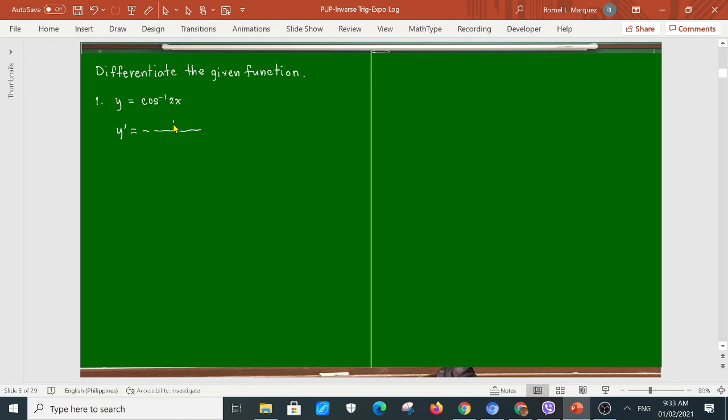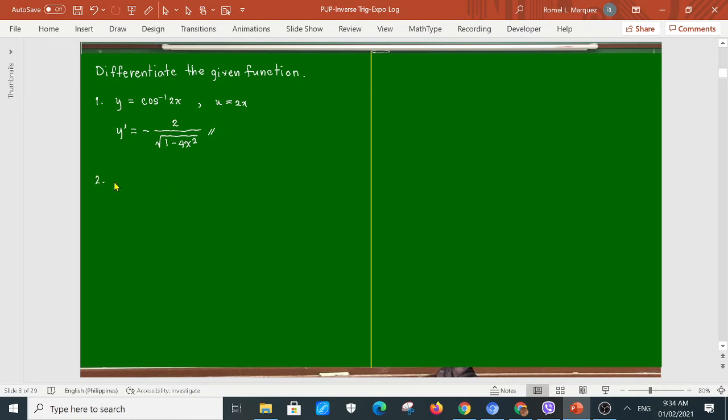So, the derivative of 2x is 2, over the square root of 1 minus u squared. Our u is 2x, so that is 4x squared. Okay, guys? Again, what's the derivative of inverse cosine 2x? Negative, derivative of 2x, that is our u. Our u here is 2x. The derivative of that is 2, over the square root of 1 minus the square of that. So, that's the derivative.